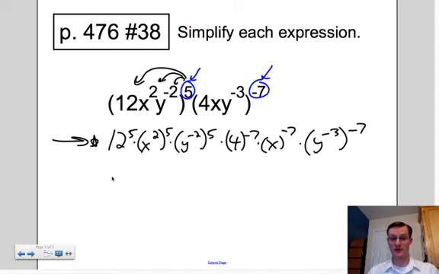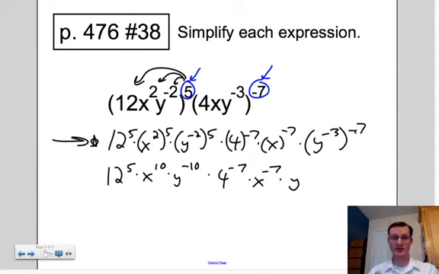You can go straight to this one. 12 to the 5th, x to the 10th, y, let's see, -2 times 5 is going to be -10. 4 to the -7th, we'll deal with that negative in just a minute, and this negative. X to the -7th, y to, well, see, -3 times -7, positive 21.